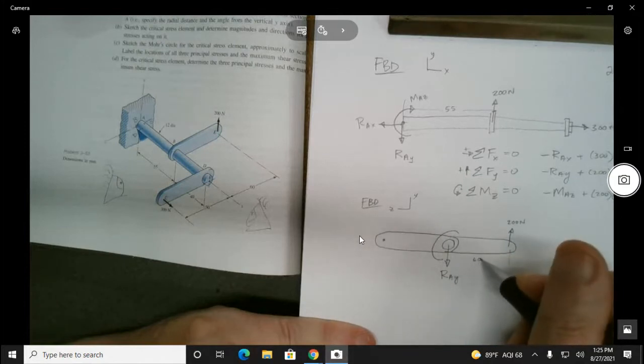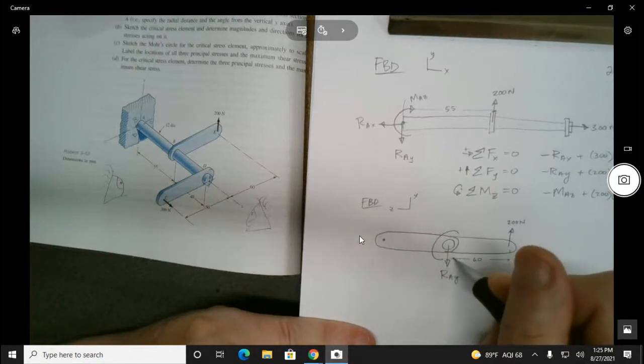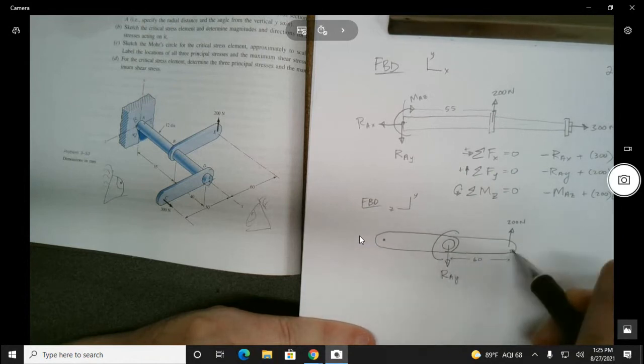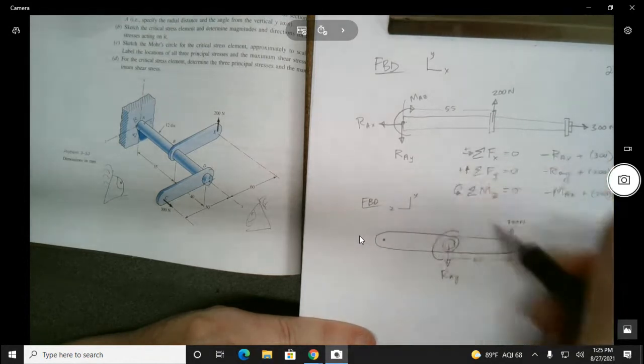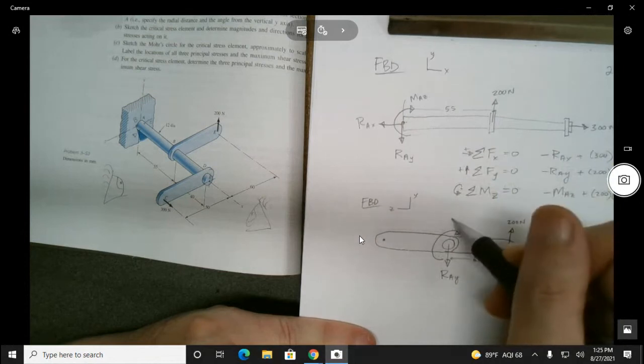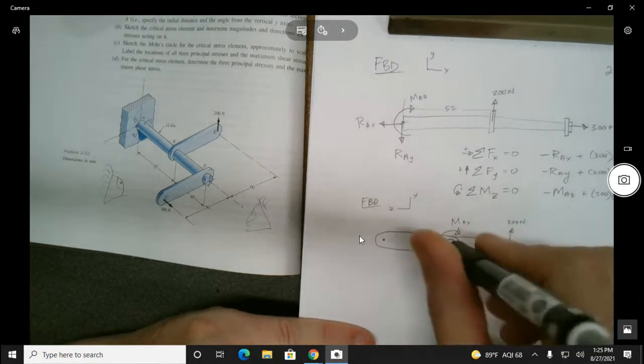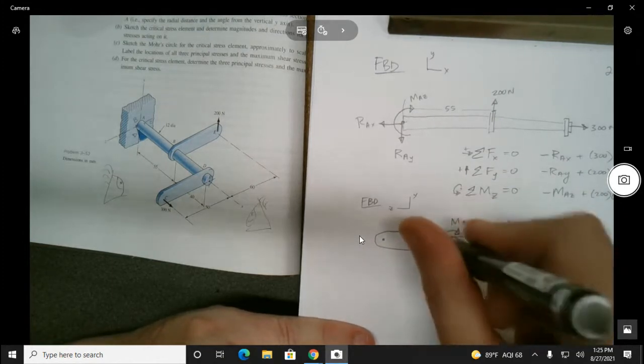This distance right here is 60 millimeters. And so if this one's going, this 200 is also going counterclockwise, so this must be going clockwise. And we're going to call that the MAX, because it's going about the x-axis.